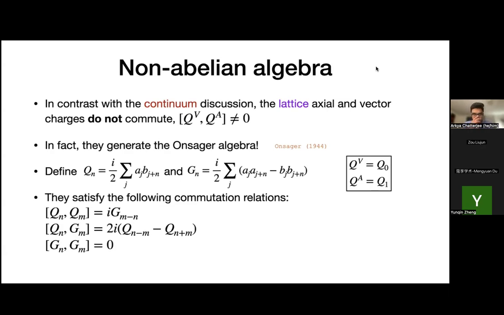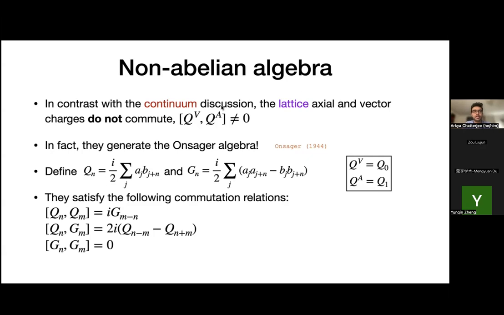The faithful symmetry is further quotiented by Z2. So I would expect that if we take the mod 2 value of the QV, QA commutator, it is 0. That's right.